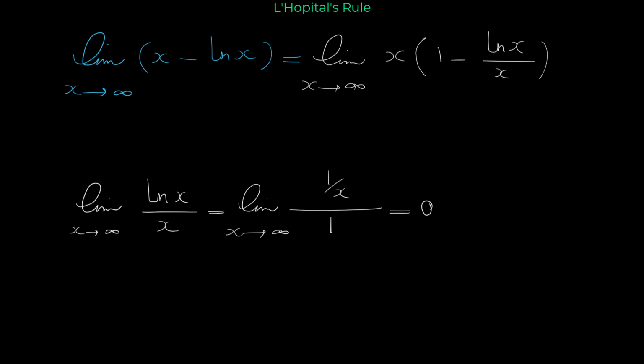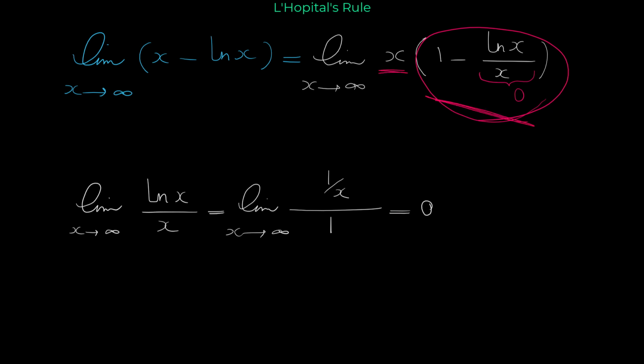Now that we have found the limit of ln of x over x as x approaches infinity is 0, the limit of all of these brackets when x approaches infinity is 1 minus 0. ln of x over x is 0, 1 minus 0 is 1.